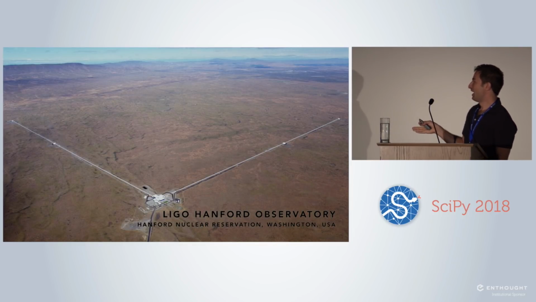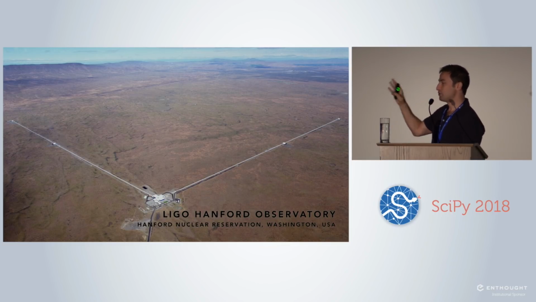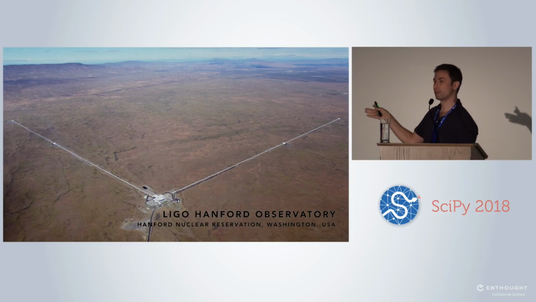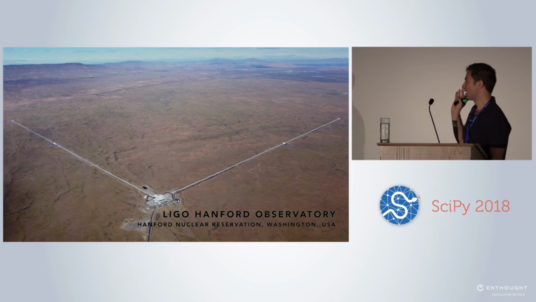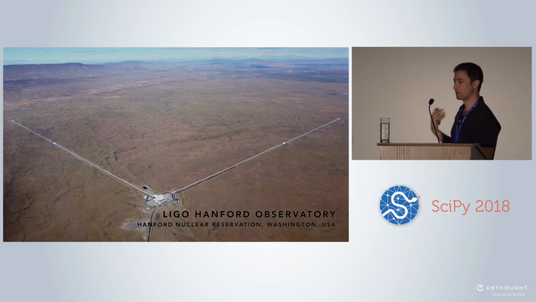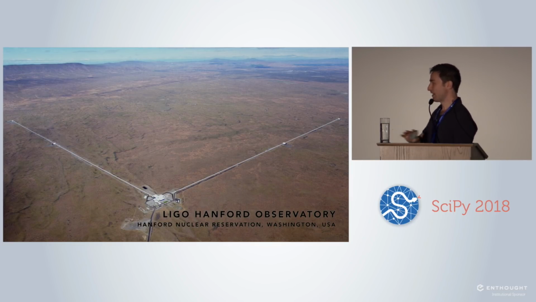And this one, which is my favorite of the two that I visited, is LIGO Hanford Observatory in Washington State. This is on the Hanford Nuclear Reservation where we manufactured a lot of the material for nuclear weapons during World War II, and we did it in a hurry, and so we weren't very clean about it. So it's this amazing, desolate nuclear wasteland.